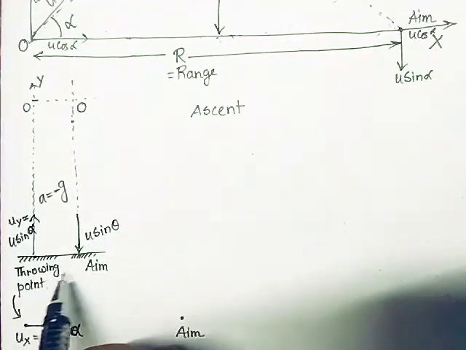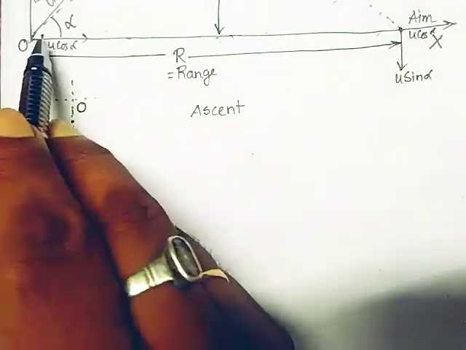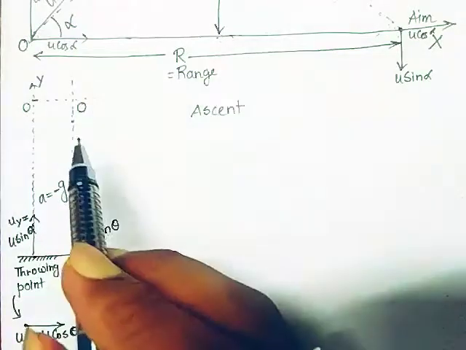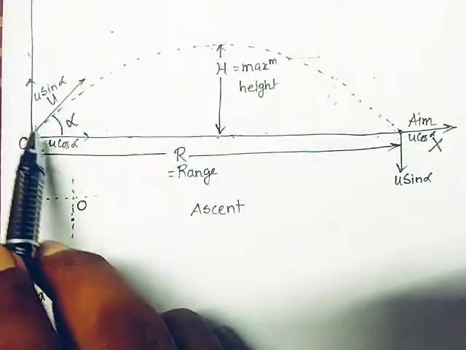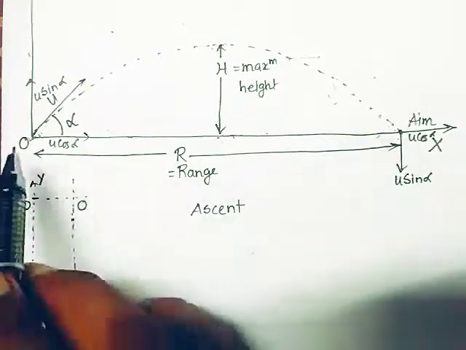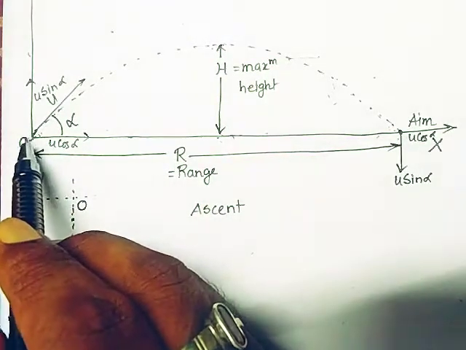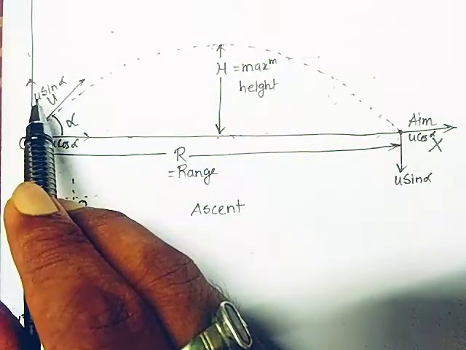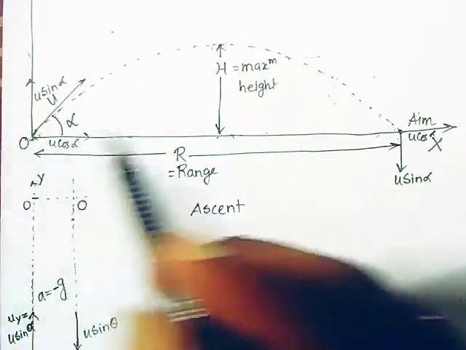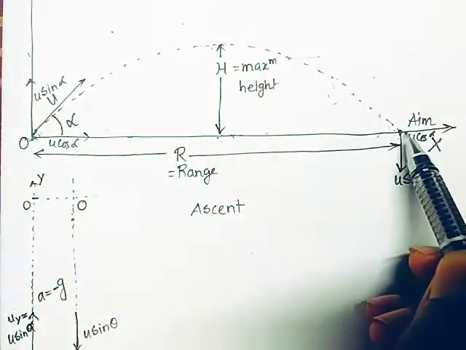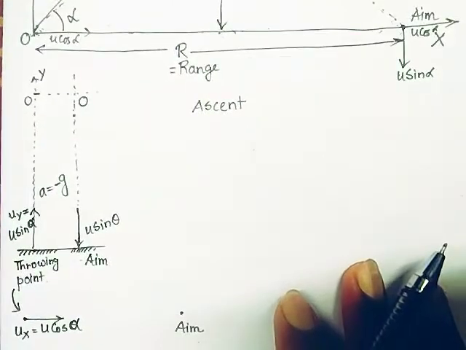Just see, this is the throwing point and this is the aim; they are two different points, not the same point on the ground. The particle is projected from here at x equal to 0, and it reaches the aim at x equal to R. These are completely two different points.